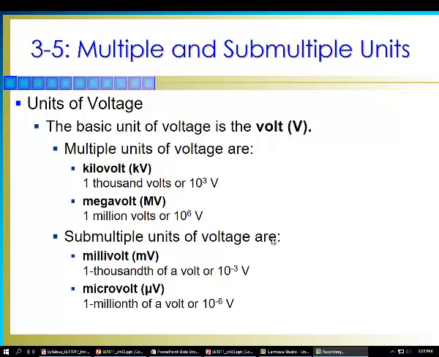Submultiple units for voltages are millivolts and microvolts. So 1 millivolt is the 1,000th part of 1 volt.